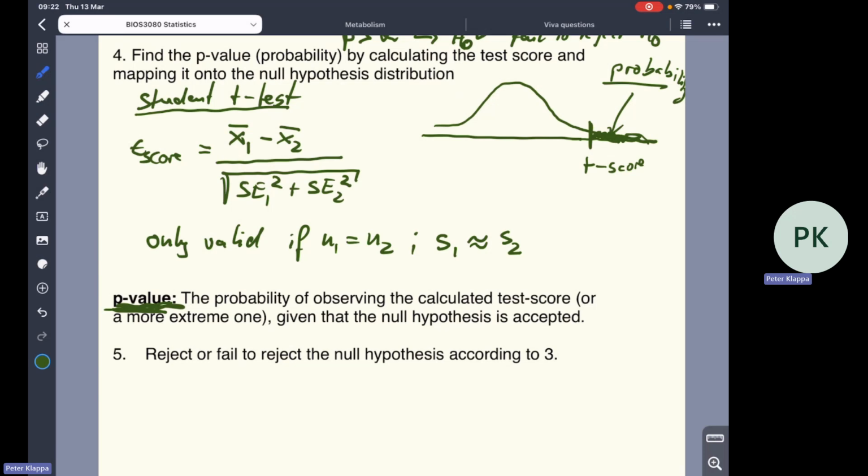Now, I showed you, in our case, we don't have that. Our sample sizes are different, and S1 and S2 are different. And if you use a t-test with that, it will give you some numbers, but these numbers are meaningless.